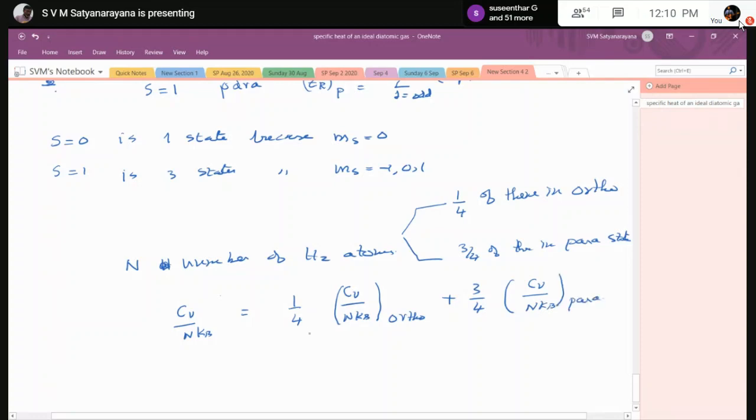When you do this calculation, how will you calculate this? For ortho you use the partition function that we have used, summing only even J, and for para you sum over only odd J, and then you find the average energy, calculate C_V, and then obtain the C_V as a weighted sum of both ortho and para.